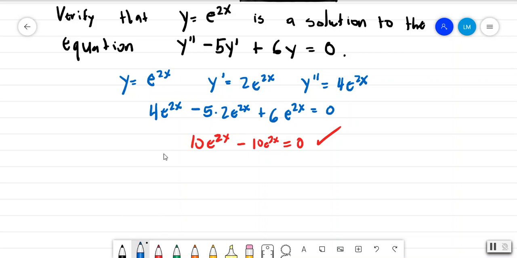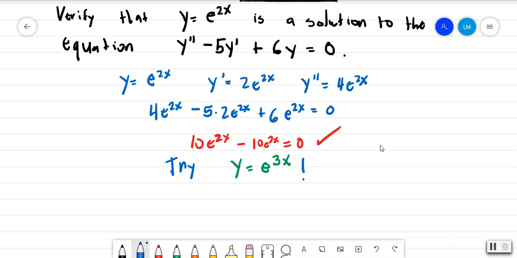You can also try, for example, e to the 3x. Go ahead and try that and see if you can satisfy that equation by plugging it in.